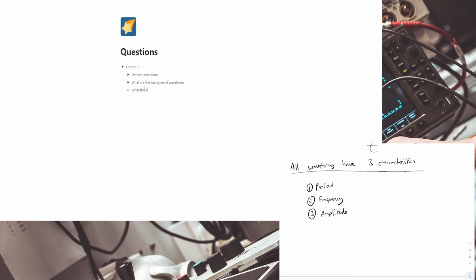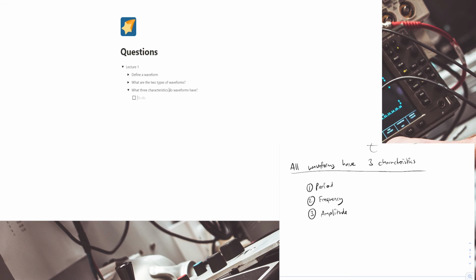So, what three characteristics do waveforms have? Let's see if I can remember from my head. I know one of them is amplitude, the other one's frequency, and the first is period. Nice.